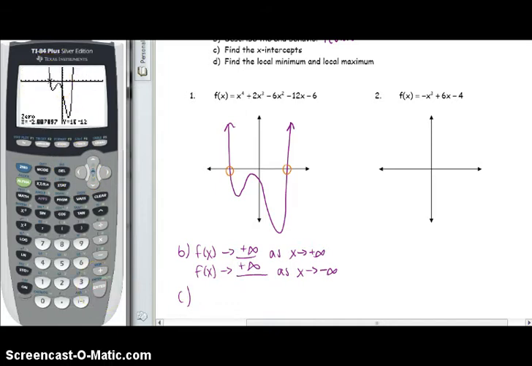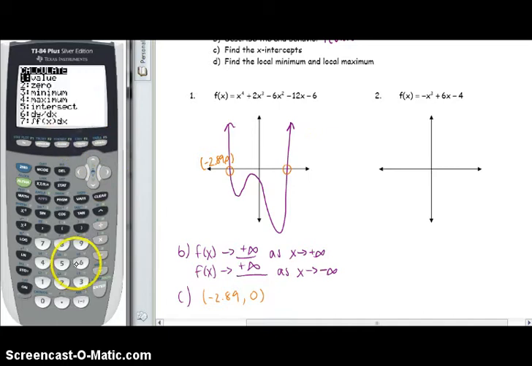Oh, and that gives me the point of negative 2.89 comma 0. The 1e to the negative 12th is just saying 0. Okay, so that's negative 2.89 comma 0. And to find this other point, we do the same thing. Second trace, second option. Now let's move all the way over closer to the other zero. But we still want it to be to the left of the zero, so we'll still be in this region here.